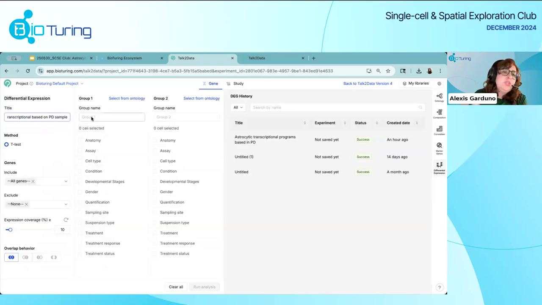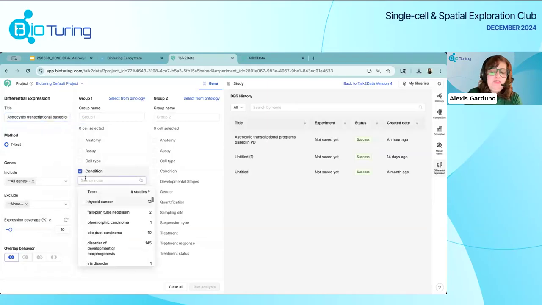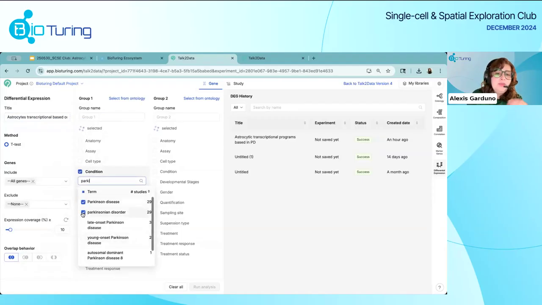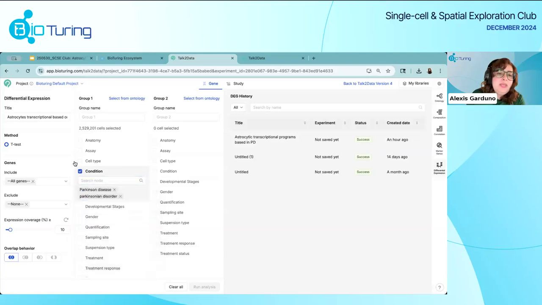From here, we'll need two different groups. Since I'm interested only in Parkinson's disease, there will be very specific filters that will be the same in both groups. One of them will be the actual condition focus, so looking at only Parkinson's disease in this case. The next step will be the cell type.